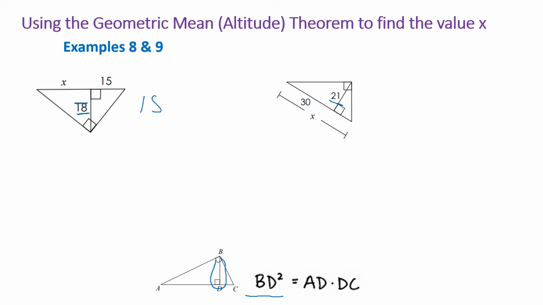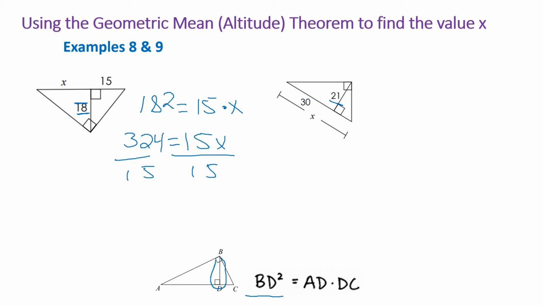So 18 squared is equal to 15 times x. 18 squared, 324, is equal to 15x. We just solve that one-step equation. 324 divided by 15 is 21.6. So in this case, we've used the geometric mean altitude theorem to find one of our missing segments.